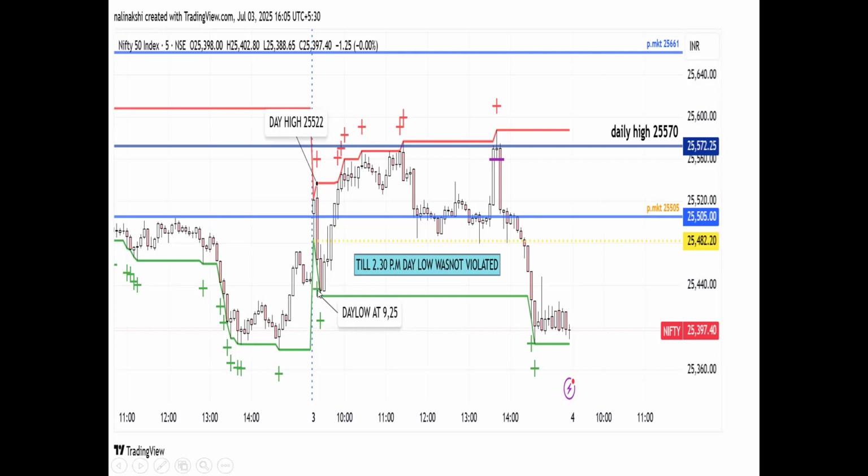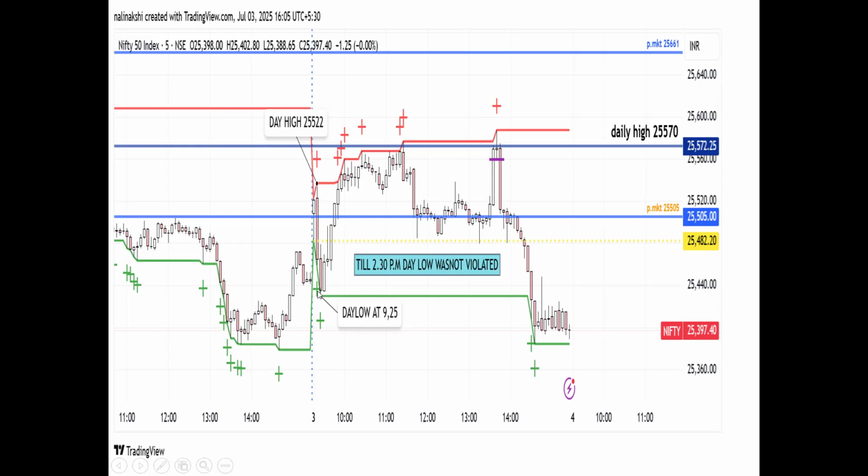You can see these plus symbols. When it makes a low, it will be plotted. A day low, after breaking the initial 5-minute candle, the initial two candles, you can see it is making a lower low. And this low was held.